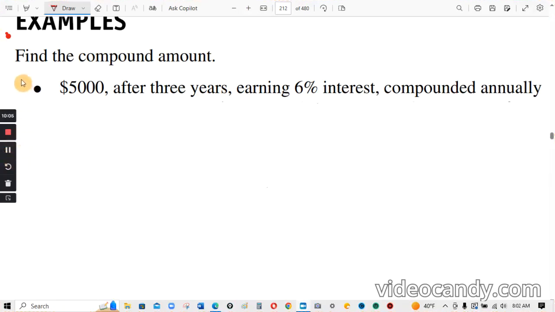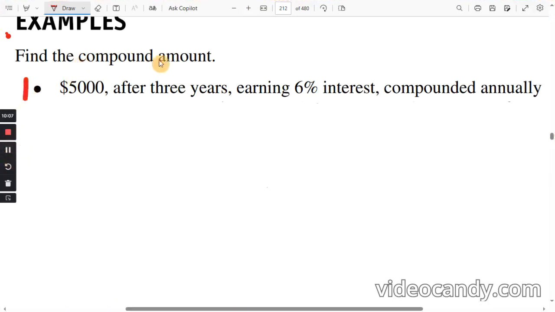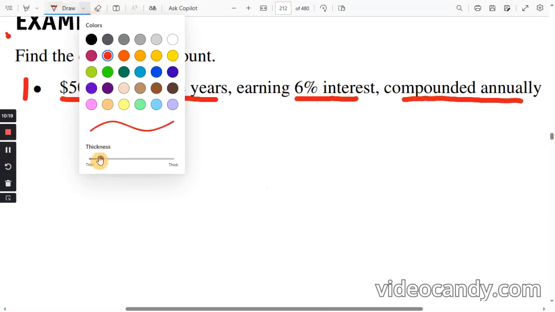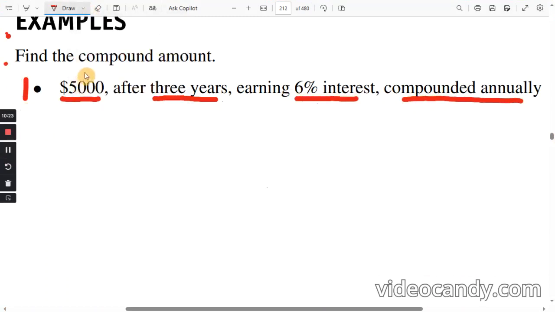All right, so first example, they want us to find the compound amount. We are investing $5,000 for 3 years, earning 6% interest compounded annually. The $5,000 is the initial amount, so that's P. The 3 years is the amount of time.